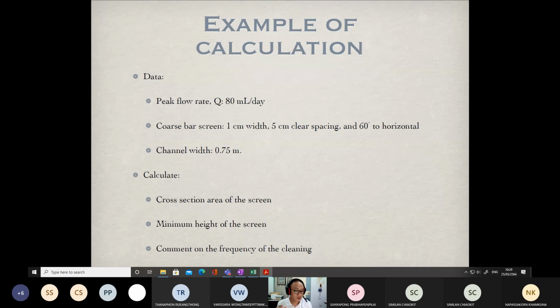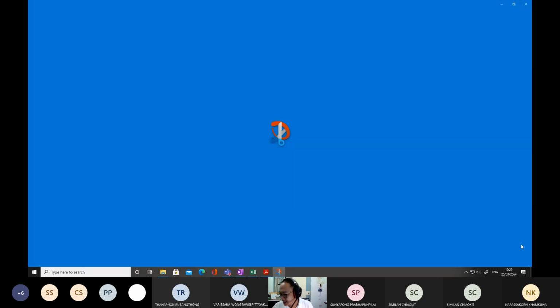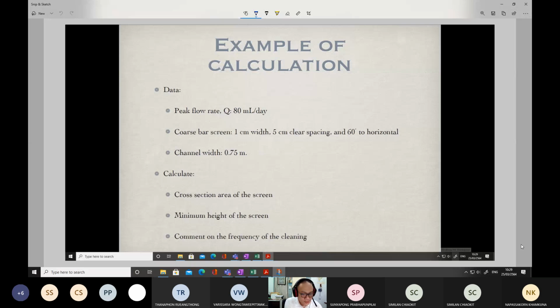Area is equal to Q divided by the velocity. So if you take Q divided by the velocity, you will get the area.